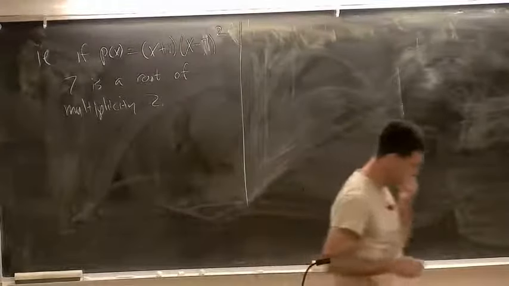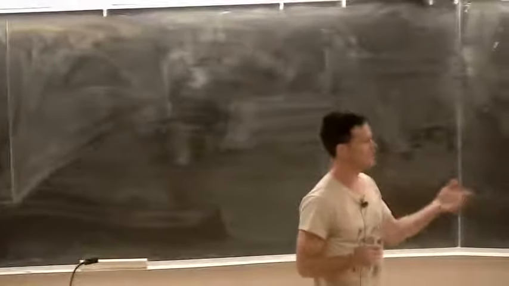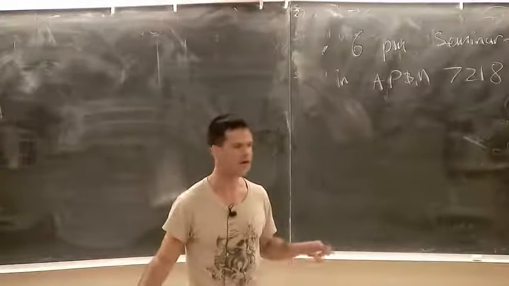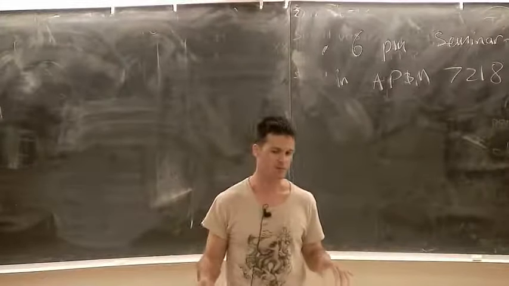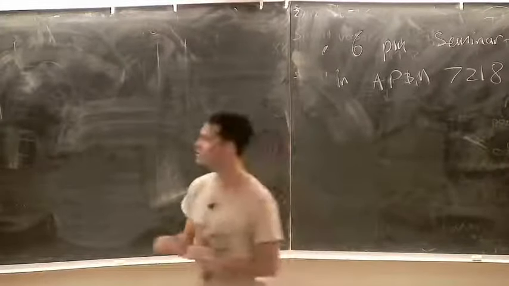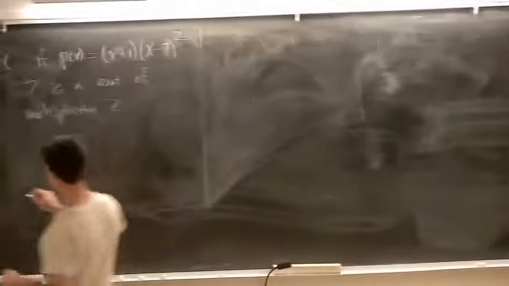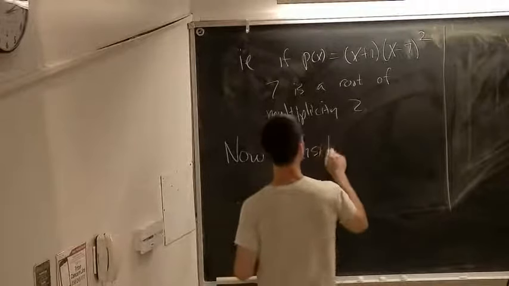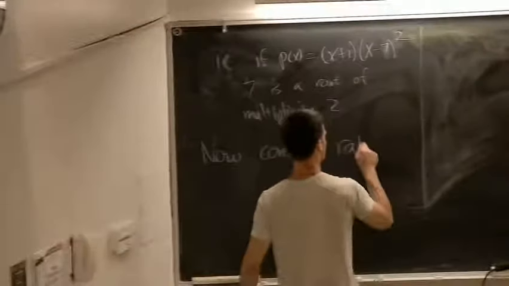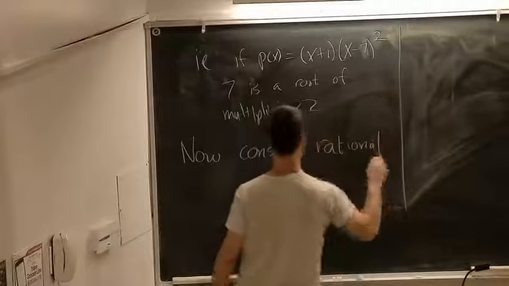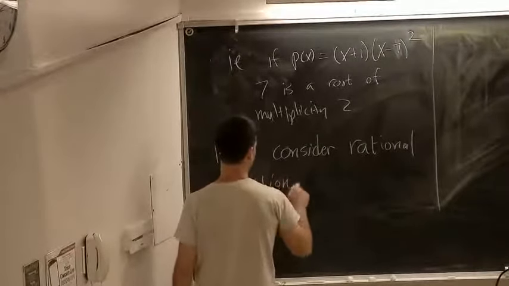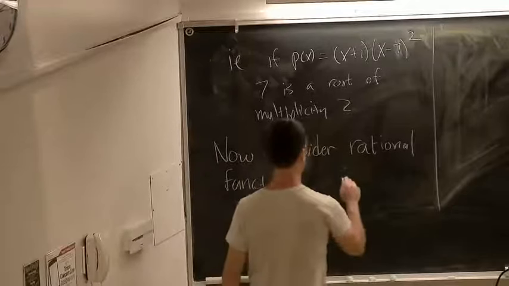Okay. I've been talking about polynomials so far today. Polynomials are a special case of a more general type of function known as a rational function. So now let's consider rational functions, which just mean one polynomial divided by another polynomial.